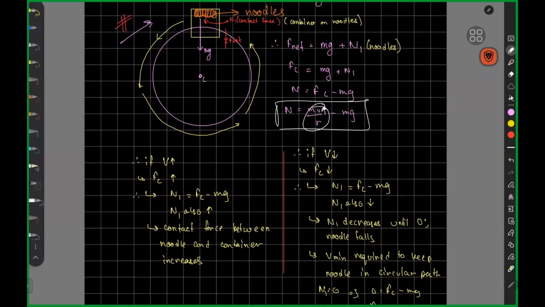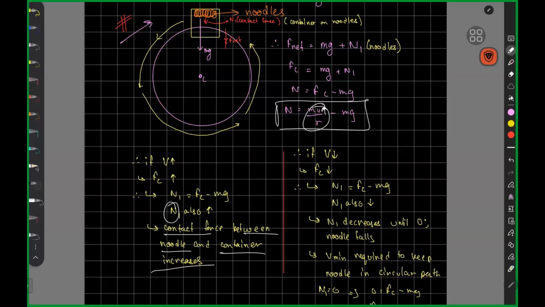And if my centripetal force increases, my normal reaction force also increases. So the contact force between noodles and the container increases, hence less chance that the noodles will fall down. Agreed? And this is what our physics intuition should tell us as well, because we discovered the same thing above.